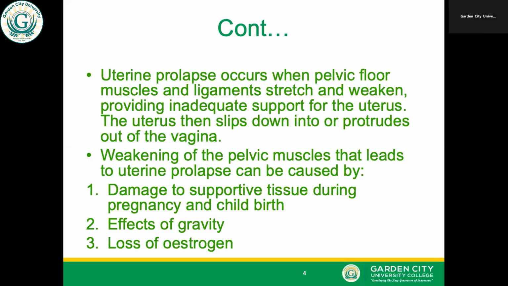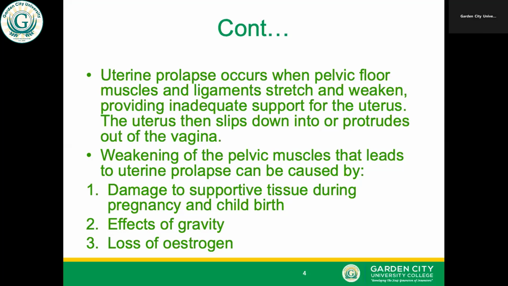So when we lift heavy objects, it can put strain on the ligaments, thereby causing uterine prolapse. Or when the fetus in the mother is big, when there is macrosomia, it can put pressure on the uterus, causing uterine prolapse. So that is the explanation of the effect of gravity.